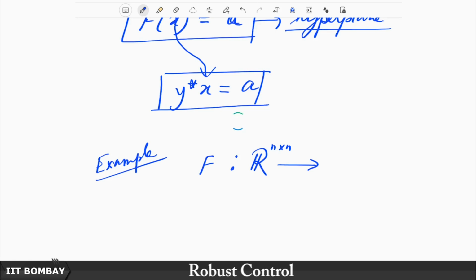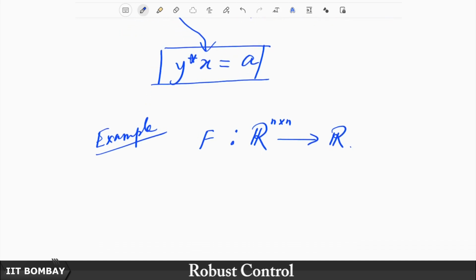You write the n by n matrix as an array, n rows n columns. You can also write it up as a stacked vector of size n squared. It is straightforward really, all the properties hold, you can check, subject to the conventional matrix addition and scalar multiplication of matrices, right.